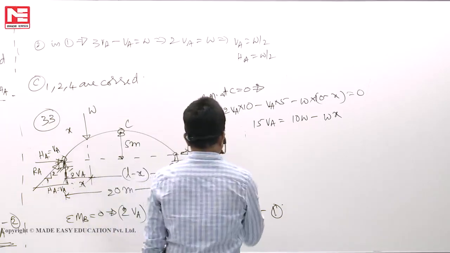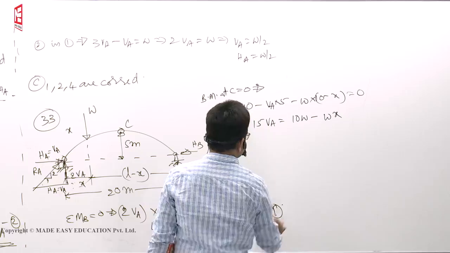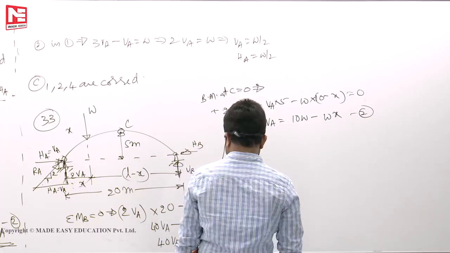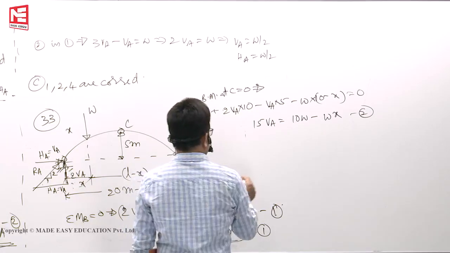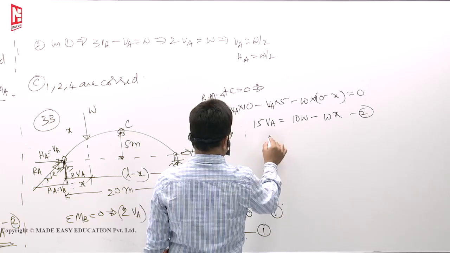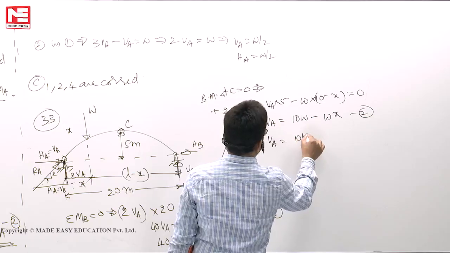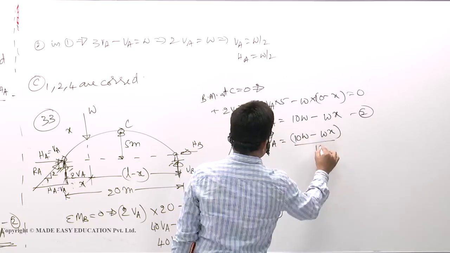Okay. So now VA, if you substitute 1 and 2, solving 1 and 2, you will get VA and W. VA and x we can get. So this way we can write VA is equal to (10 W minus WX) by 15.